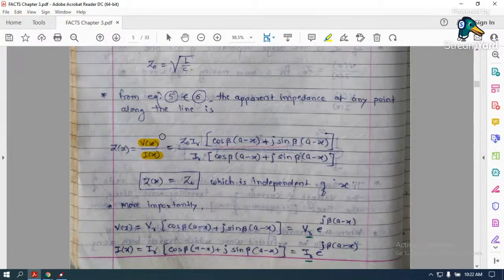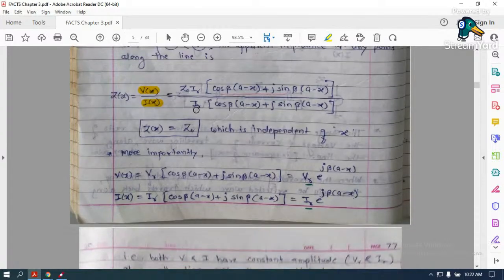Anyhow, I am getting the term VR cos beta(A minus x) plus j Z0 IR sin beta(A minus x). Similarly, in the denominator, I of x will be equal to IR cos beta(A minus x) plus j VR over Z0 sin beta(A minus x). Right? Now, Z of x is dependent on the value of x.